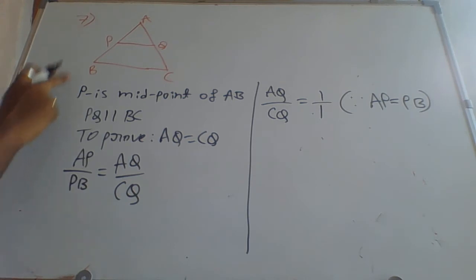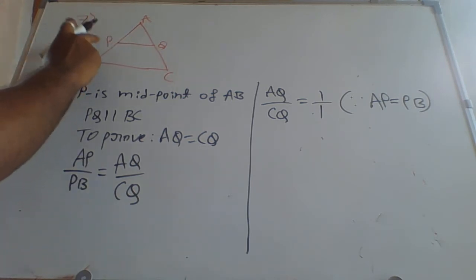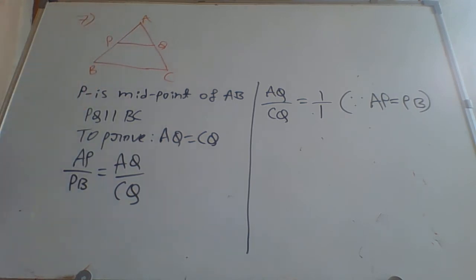How? P is the midpoint of line AB, so AP should be equal to BP or PB.